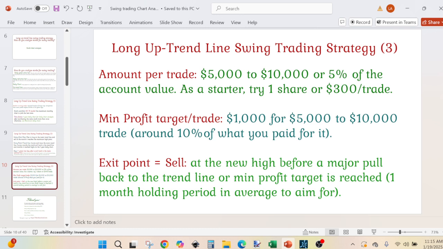And it's good to just start small. If the brokerage firm is not charging you a lot in brokerage fees, you can just start small, 1 share at a time, if that's what you are comfortable with, and you buy with your own money.